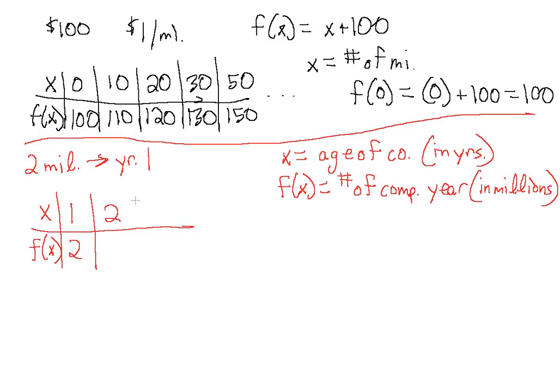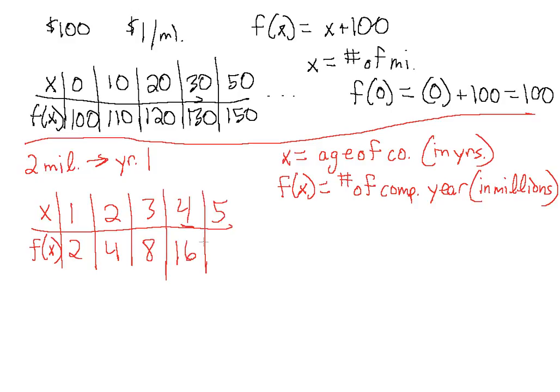We know that the number of computers sold doubles each year. So in year 2, they sold twice as many computers as year 1, so we just double 2. In year 3, we simply double 4, the previous year's output, so that's 8. In year 4, we double the previous year's output of 8, which is 16.